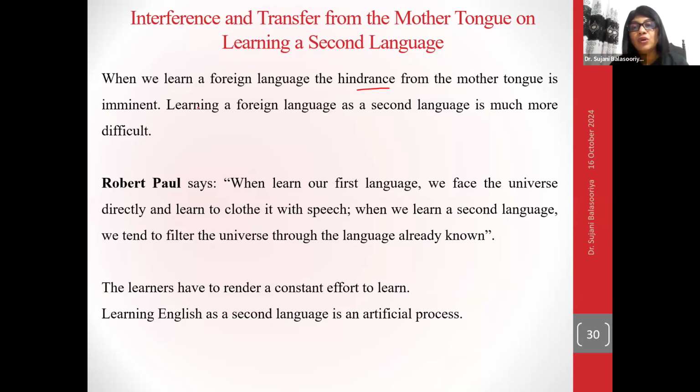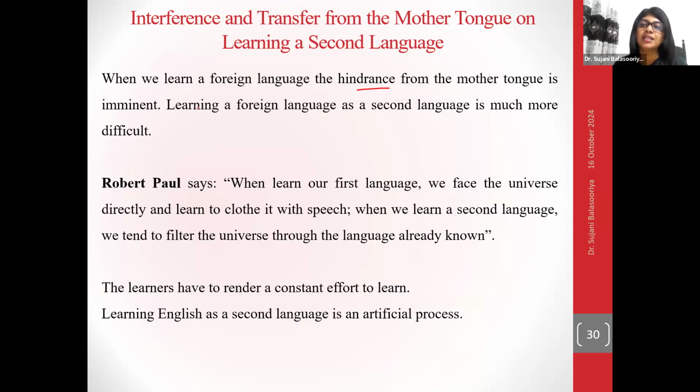Then when you want to express something, let's just think in speaking, you want to tell something. What is the language that comes to your mouth without thinking too much? Automatically, it is the mother tongue, right?